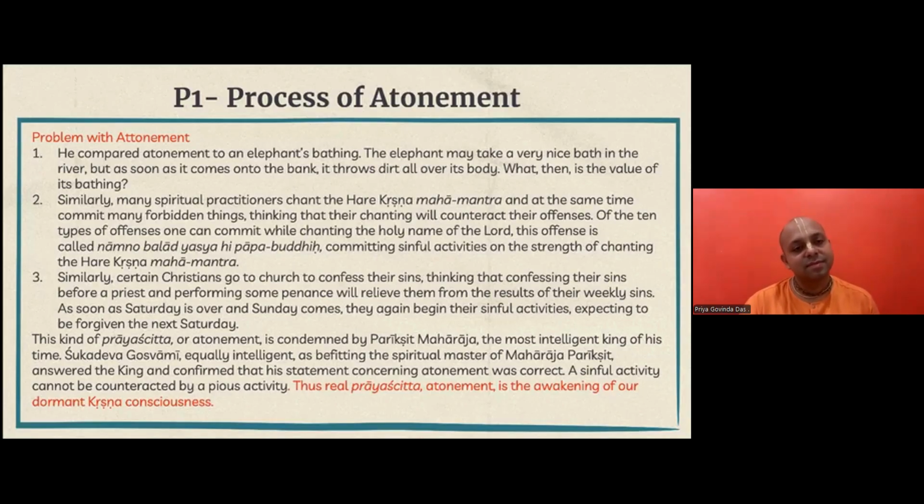This kind of prayashchit or atonement is condemned by Parikshit Maharaj, the most intelligent king of his time. Sukadev Goswami, equally intelligent, as befitting the spiritual master of Maharaj Parikshit, answered the king and confirmed that his statement concerning atonement was correct. A sinful activity cannot be counteracted by a pious activity. Thus, real prayashchit, atonement, is the awakening of our dormant Krishna consciousness.